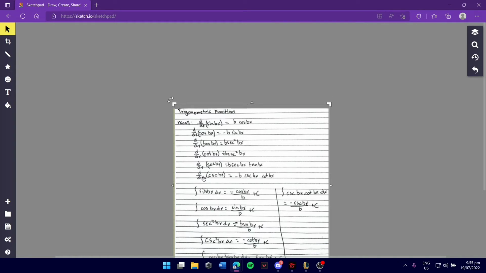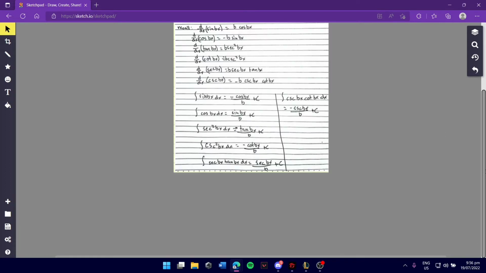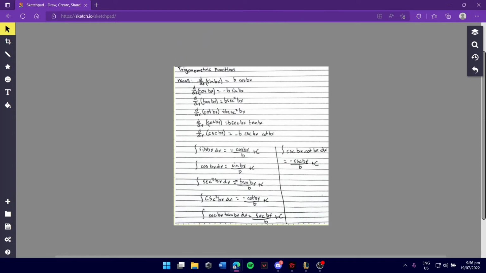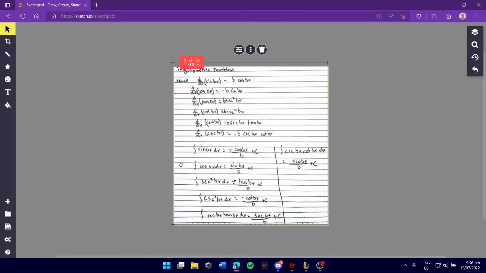Next, the derivative of cosecant bx with respect to dx is equal to negative b cosecant bx times cotangent bx.